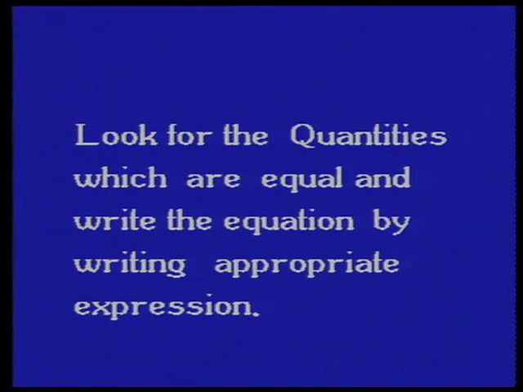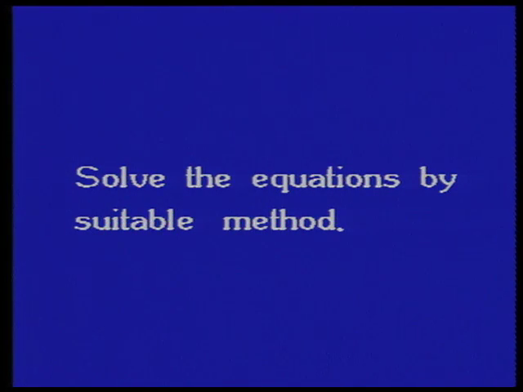Later, look for the equal quantities and write the equation by writing appropriate expressions. And finally, solve these equations and check whether the solution satisfies the given conditions or not.